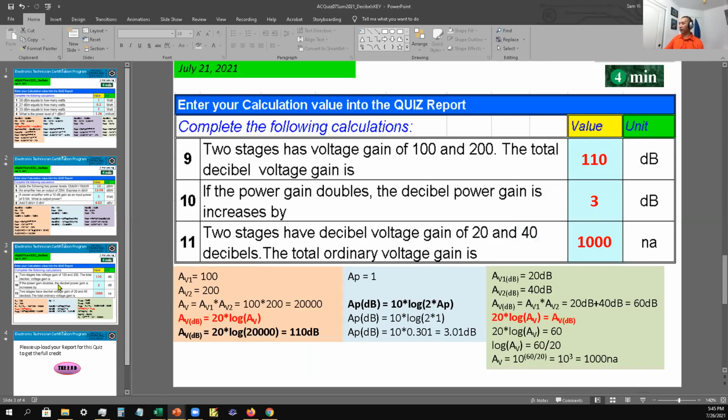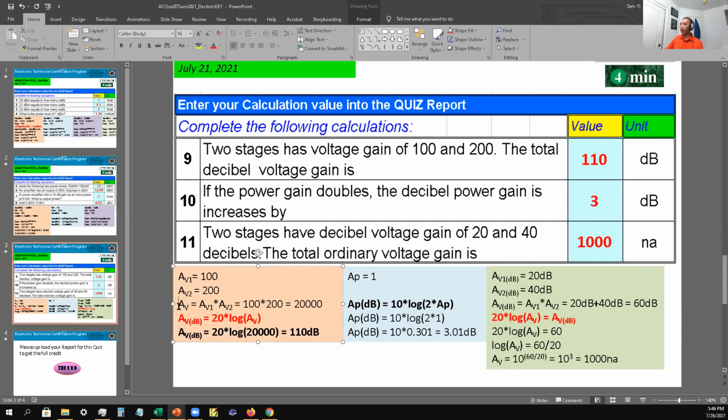Okay, so next one. Number 9, a 2-stage amplifier has a voltage gain of 100 and 200. The total decibel voltage gain is, so they give me a voltage gain, an ordinary gain, which is 100 and 200. If you follow the formula from the handout, the gain of the first one is 100, with no unit, and the gain of the second, and we're using cascade.